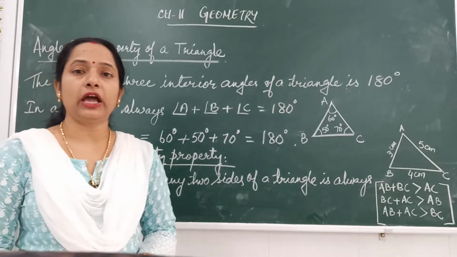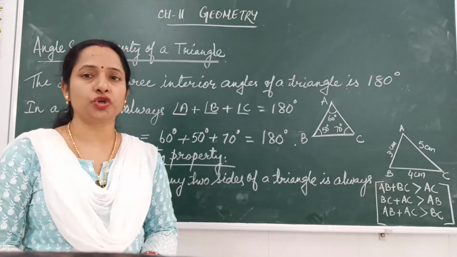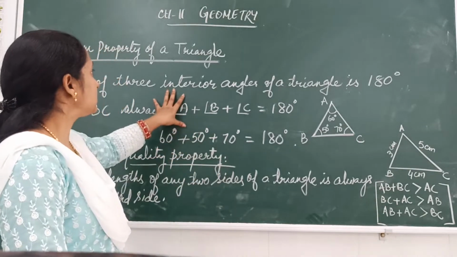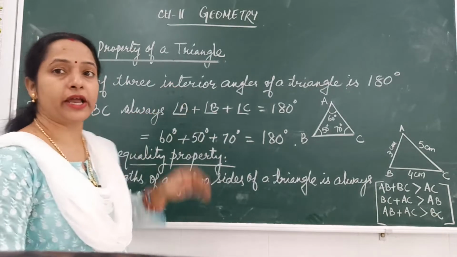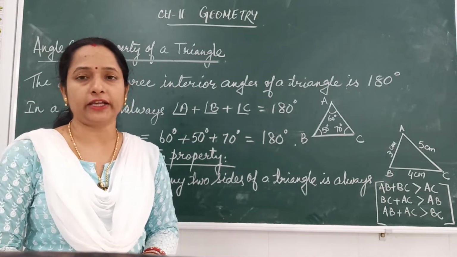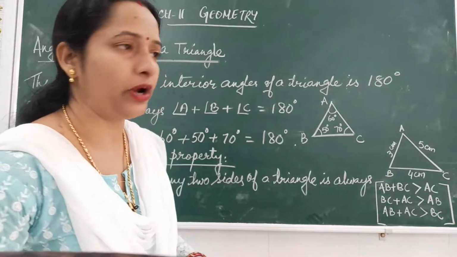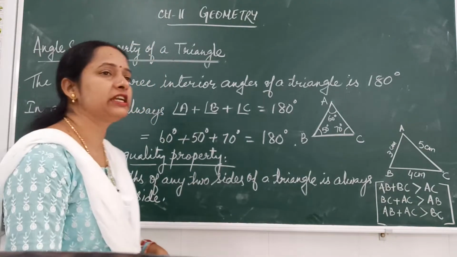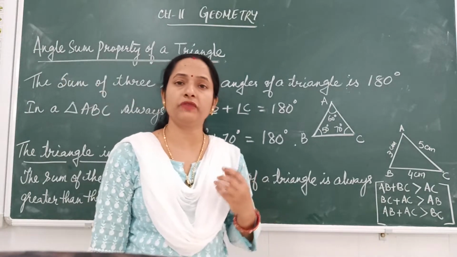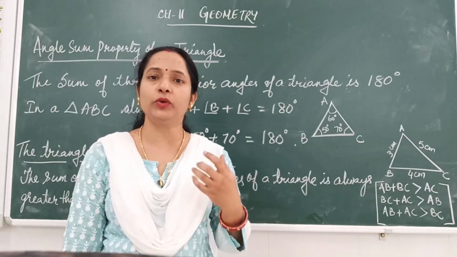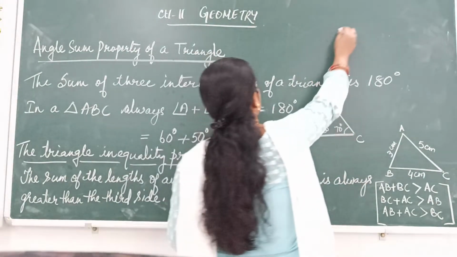So now children, I would like to demonstrate and show you how the sum of the interior angles of a triangle is 180 degrees. Now one more point: what is interior and exterior? Already when we were learning about angles, we have learned the concept of interior and exterior.